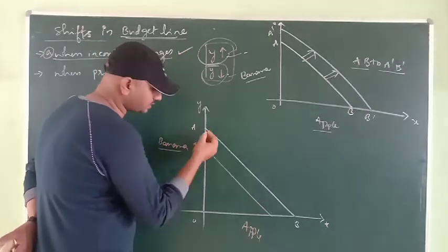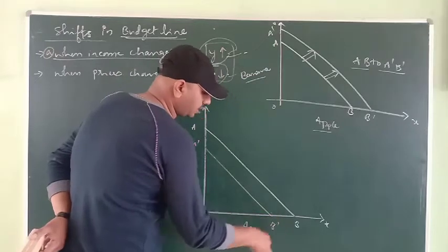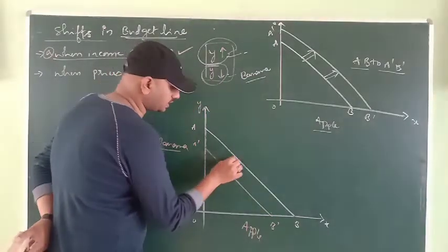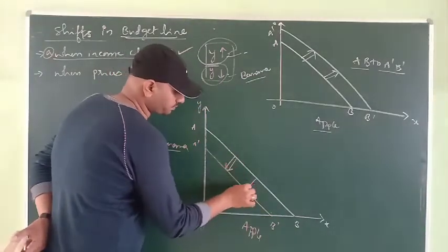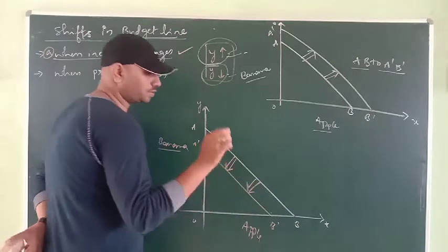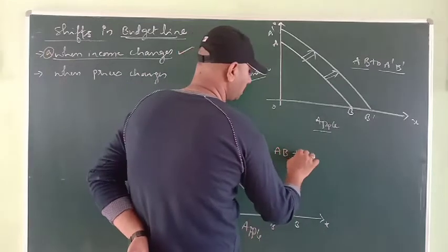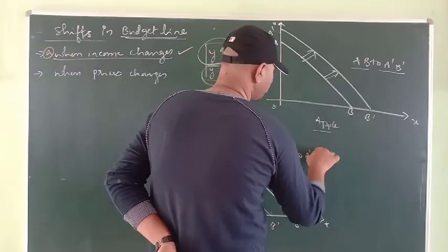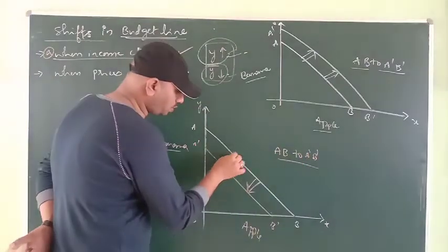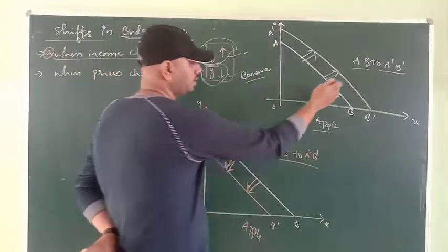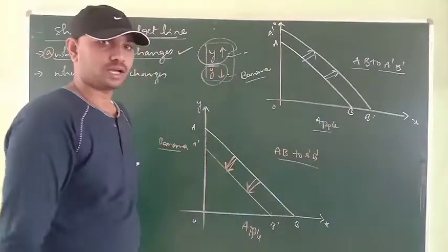The quantity decreases for banana and for apple, then it takes a downward shift. Here the budget line will shift from AB to A dash B dash, but this is a downward shift, and the earlier one was an upward shift. Are we clear?